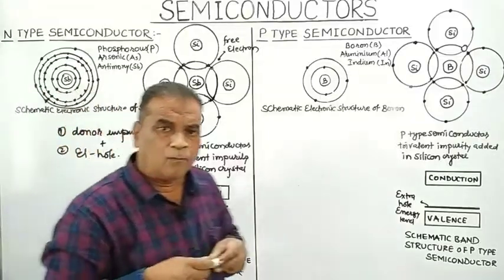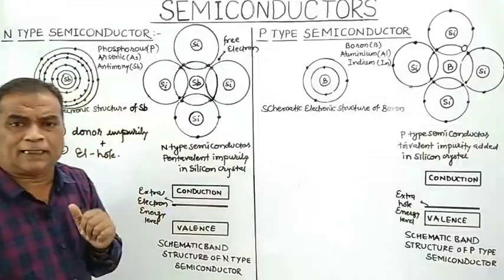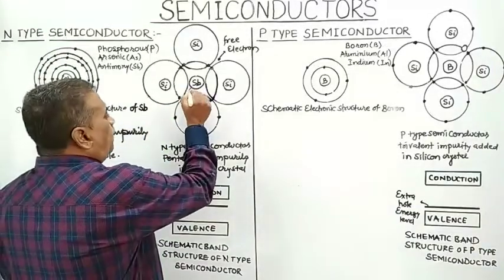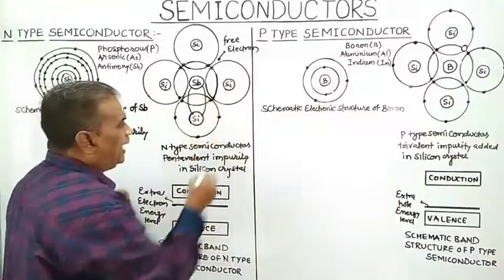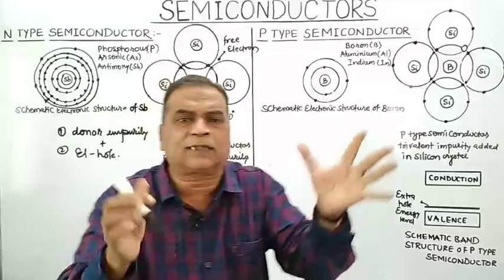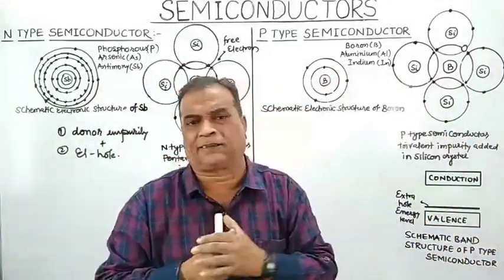See here, when we have a doped silicon crystal at room temperature, we know that at absolute zero temperature covalent bonds are strong and no electrons are free for conduction of electricity.